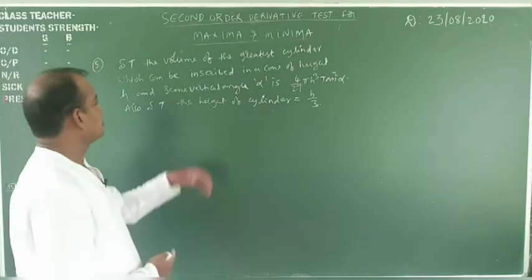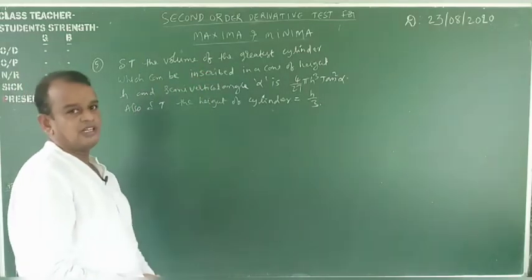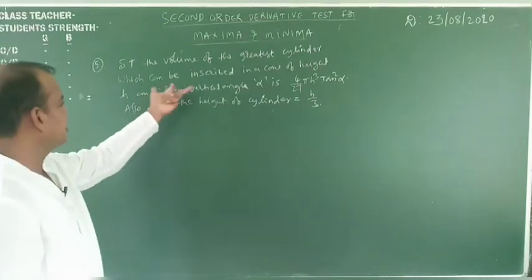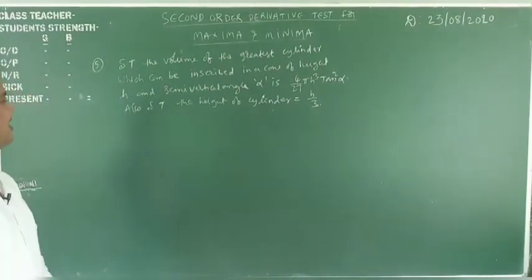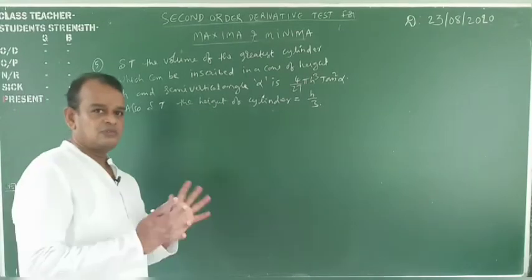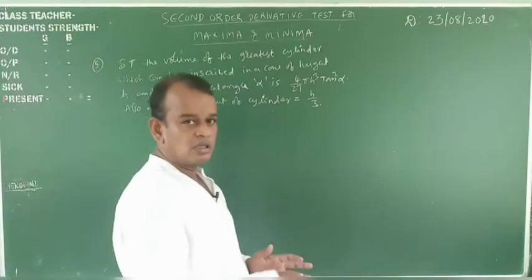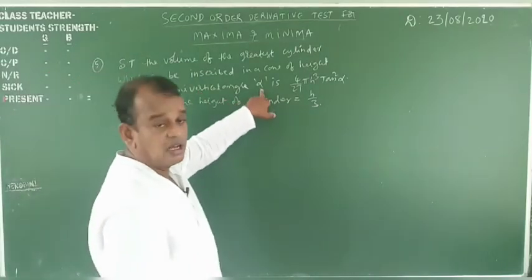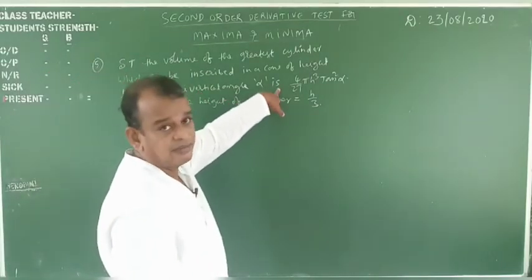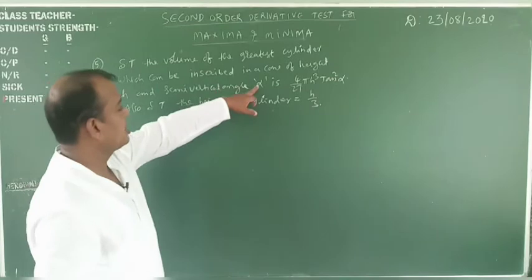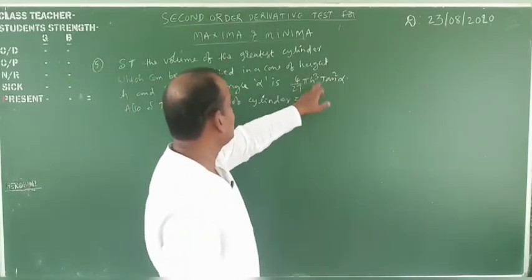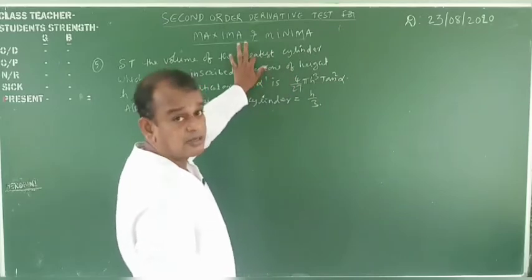The cylinder can be inscribed in a cone of height h, and the semi-vertical angle is alpha. The volume of the cylinder is 4 by 27 into pi, and it must ensure volume of the cylinder is maximum.